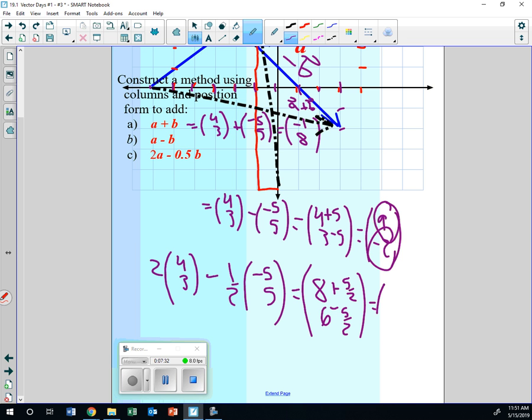And I have to do a little bit of common denominator. 16 halves plus 5 is 21 halves, or 10.5. And this would be 12 halves minus 5 is 7 halves, or 3.5. And there you go. You didn't have to draw a thing, and that's where the head of that vector would be if you move the tail to the origin.